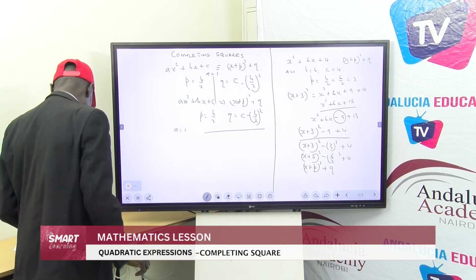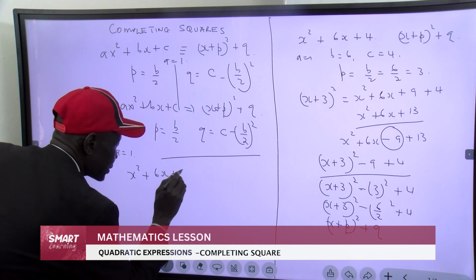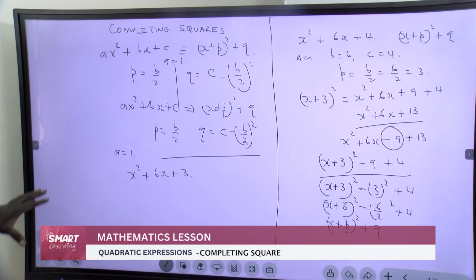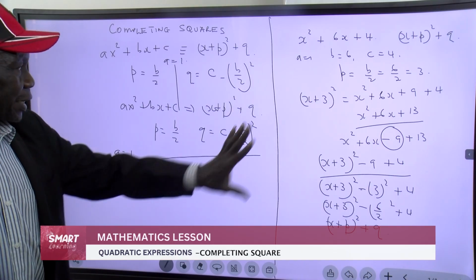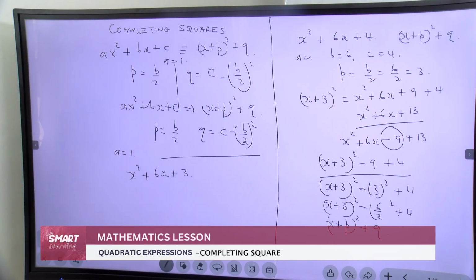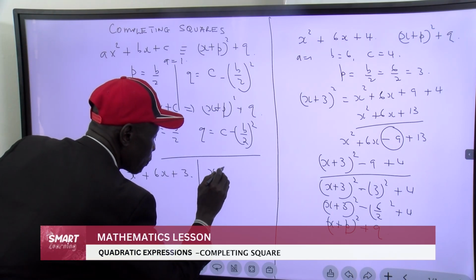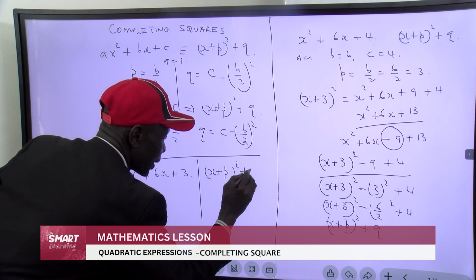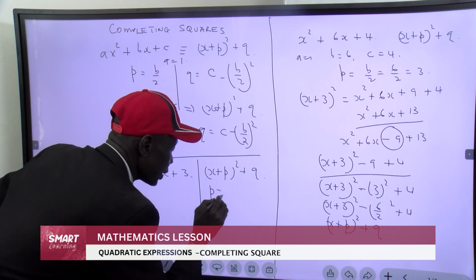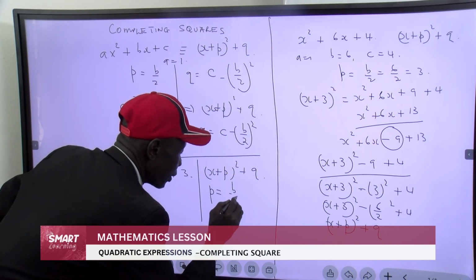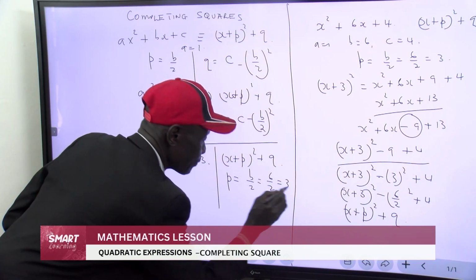Let's say, for example, I have x squared plus 6x plus 3. Now, we are first going to use the formula to make it easy so that you get used to it. How do I get my factor? I want to write it in the form of x plus p squared plus q. I said our p is equal to b over 2, which in this case is 6 over 2, which is 3.